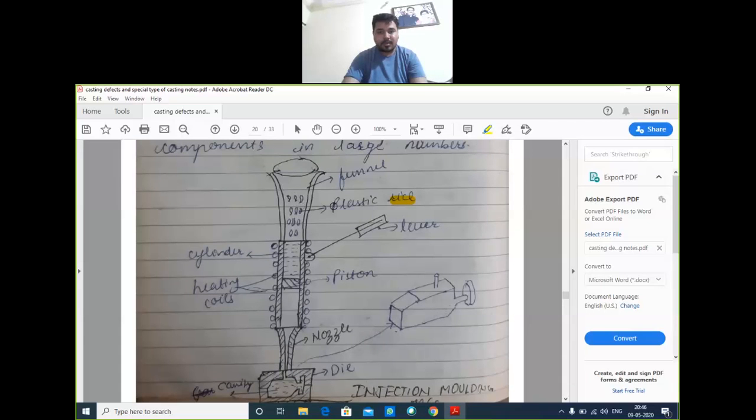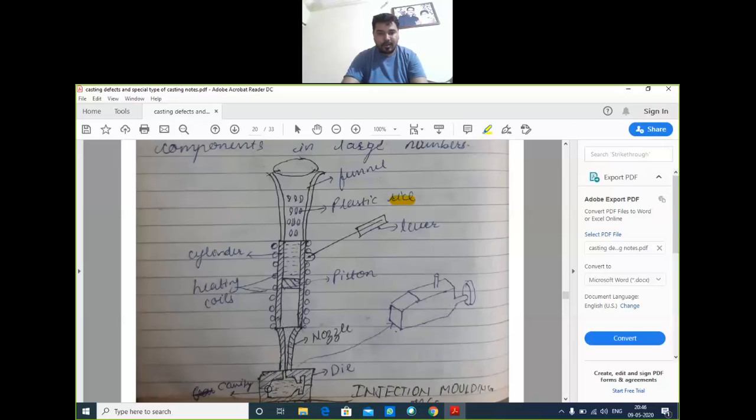First, the plastic rice comes into the cylinder and is melted. After melting, if we lift the piston, the nozzle will open. When the nozzle is open, the melted plastic material is filled into the die.